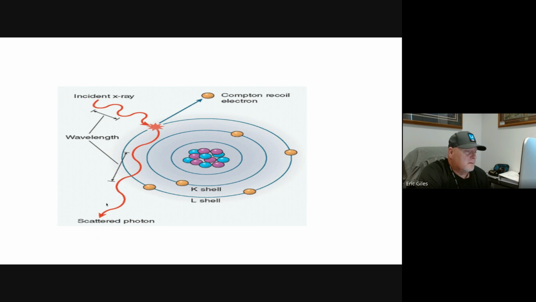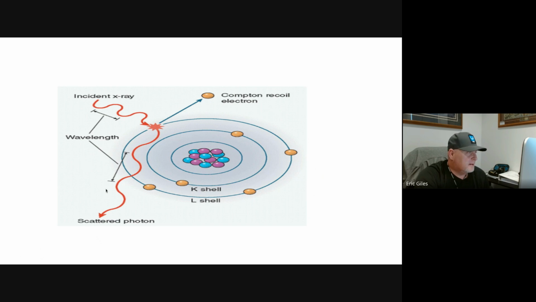And the scatter photon is what I was talking about when scatter comes out of the patient and can hit us if we're out there, or it can actually go into the image receptor and disrupt the image that we're trying to get. So just remember that Compton scatter is bad.